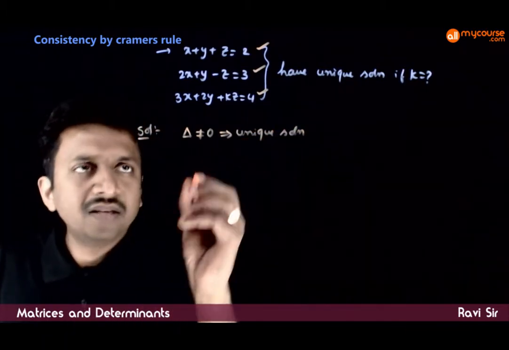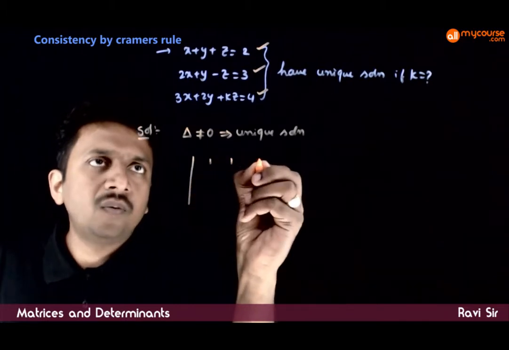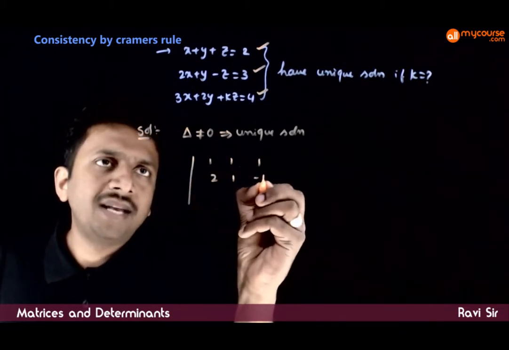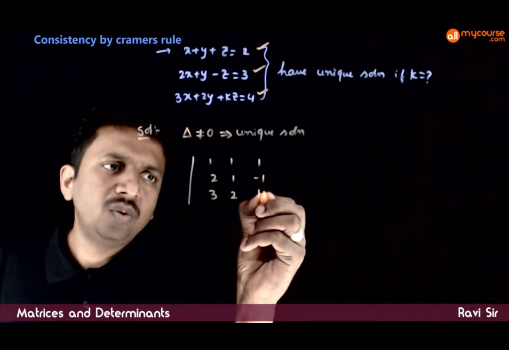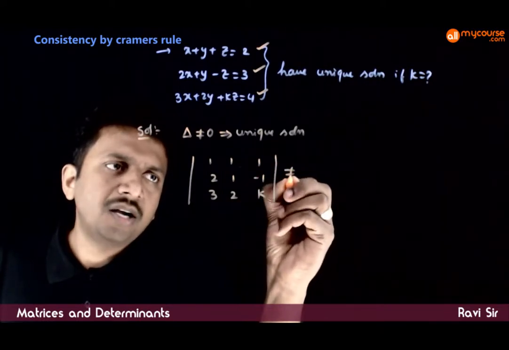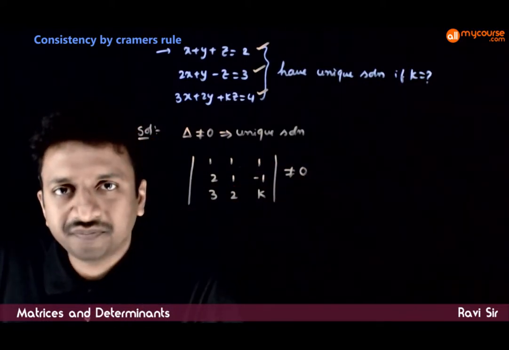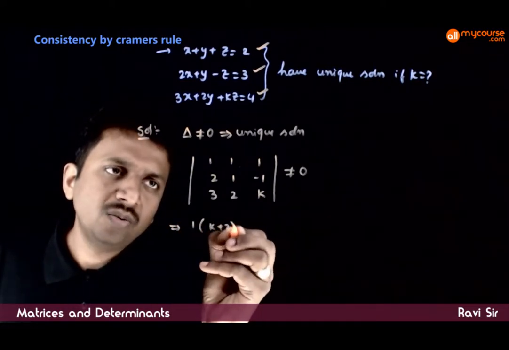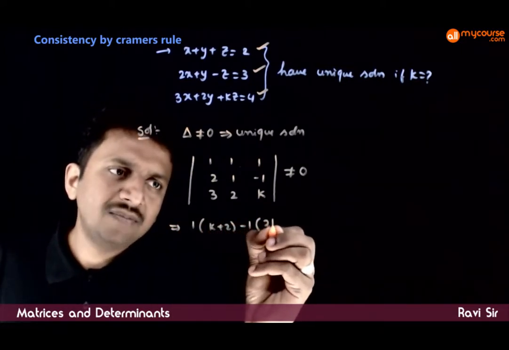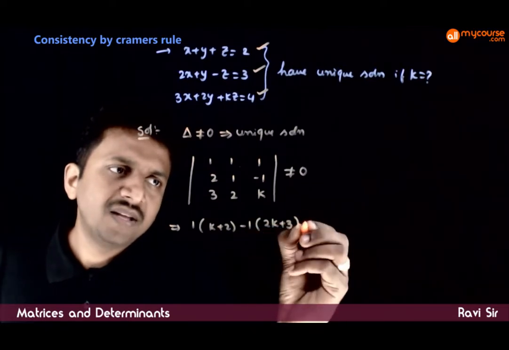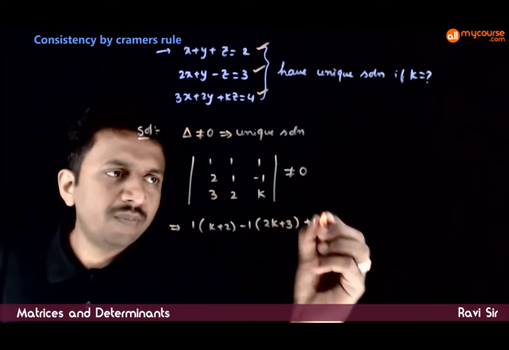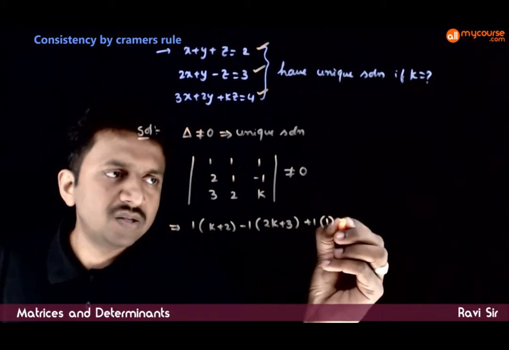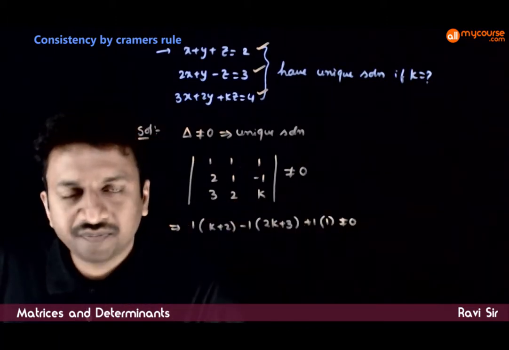solution, right? So delta is 1, 1, 1, 2, 1, minus 1, 3, 2, k should not be equal to 0. So this implies 1 times k plus 2, minus 1 times 2k plus 3, plus 1 times 4 minus 3, which is 1, is not equal to 0.